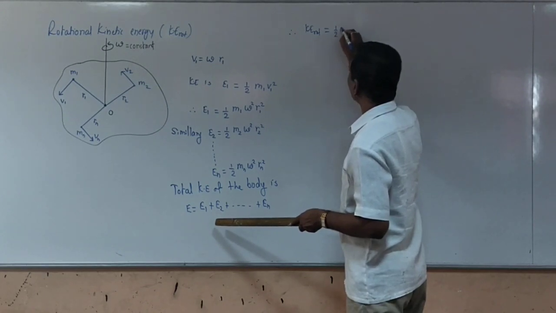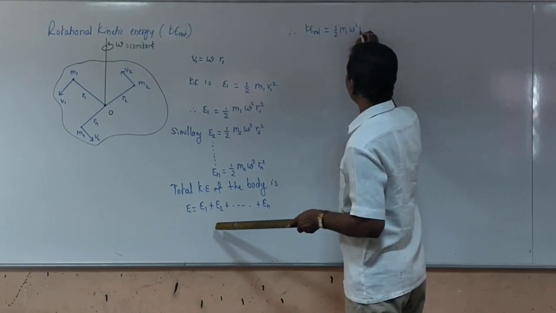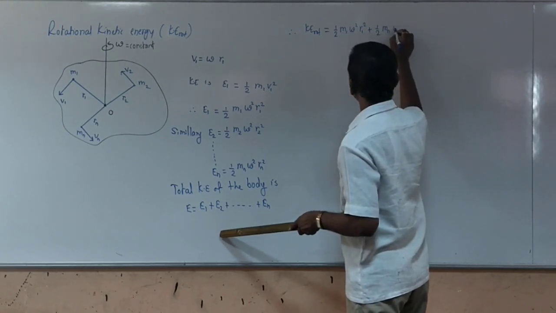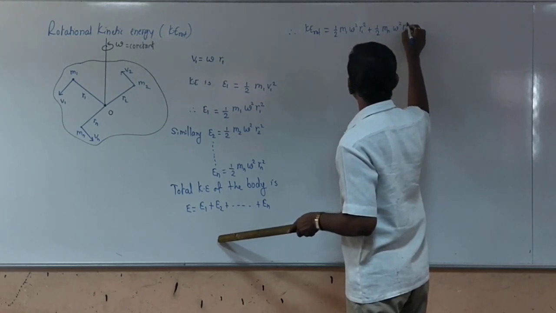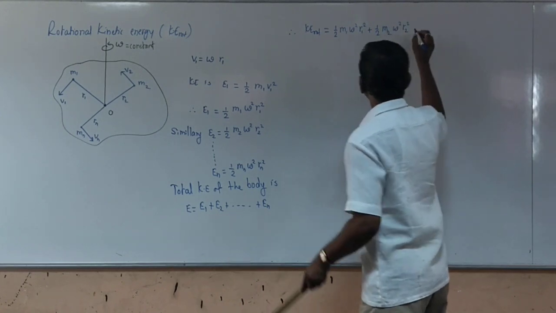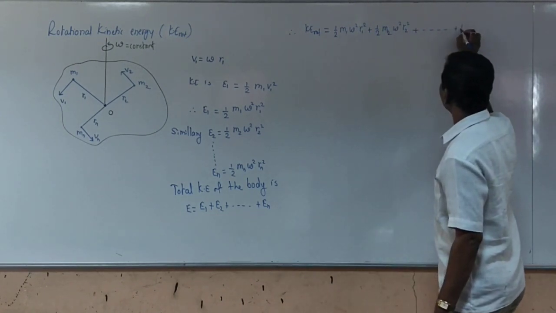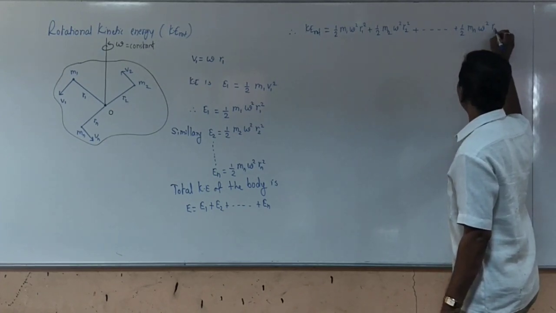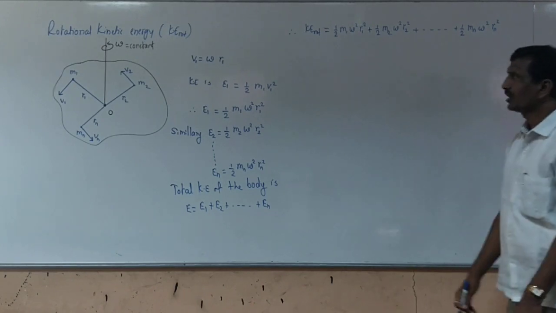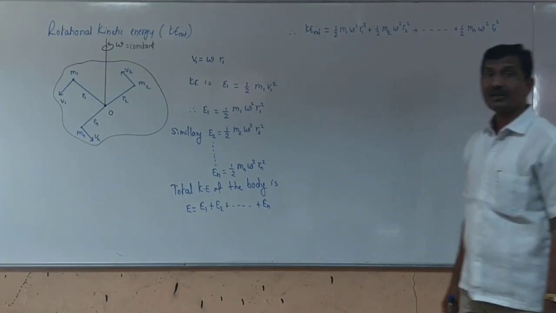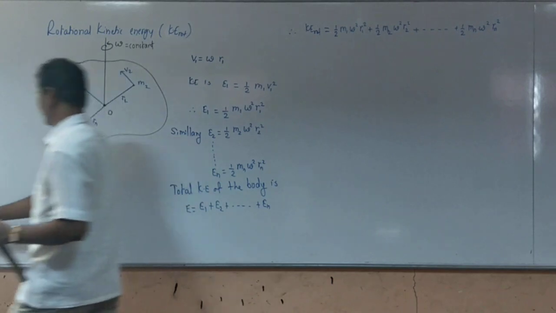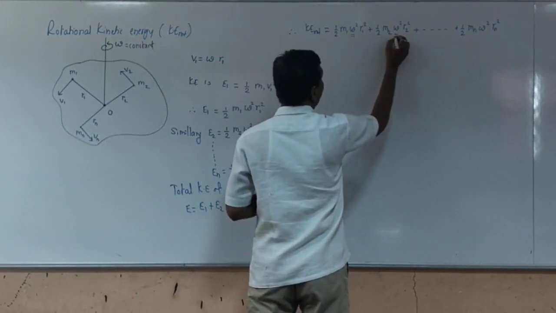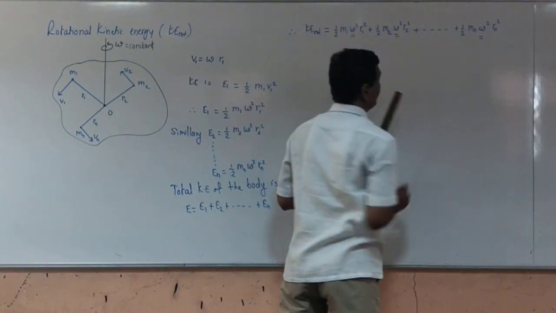So it is 1 upon 2 m1 omega square into R1 square plus 1 upon 2 m2 omega square into R2 square plus dash plus 1 upon 2 mn omega square into Rn square. Now here we take only omega square as the common factor.